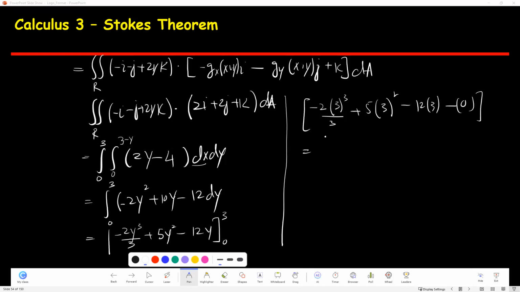This one is going to be 2 times 9, times minus 9, and then times 2 is 18, plus 9 times 5 is 45, minus 36. So let's do 36. 18. So my answer should be minus 9.